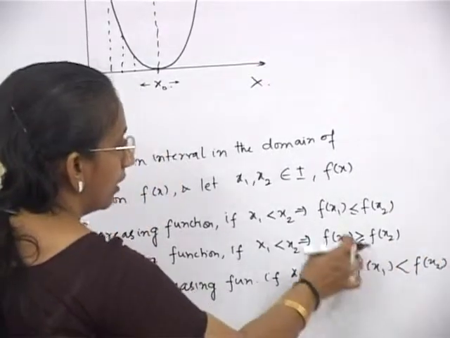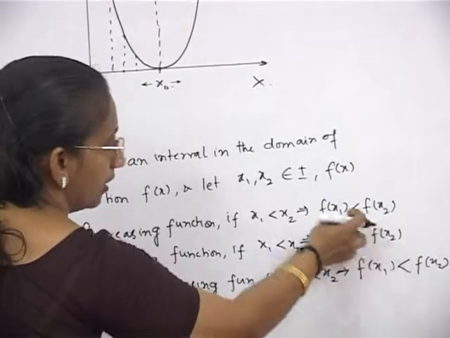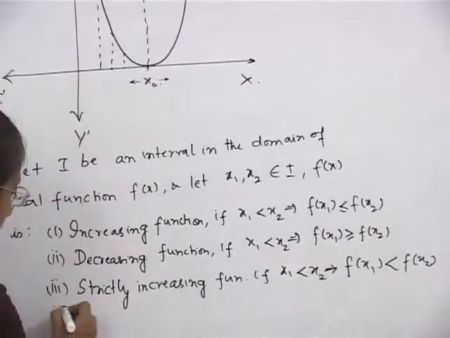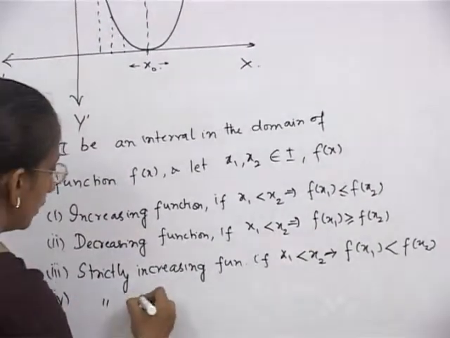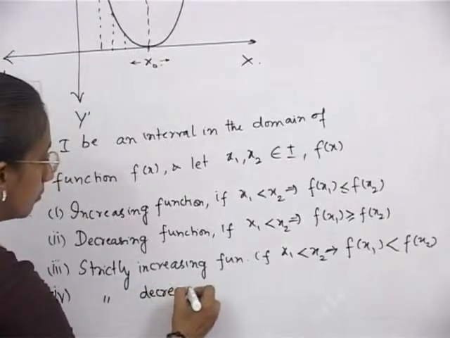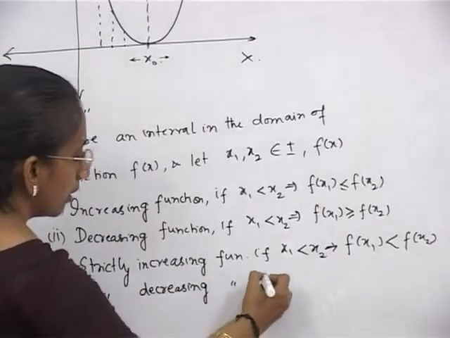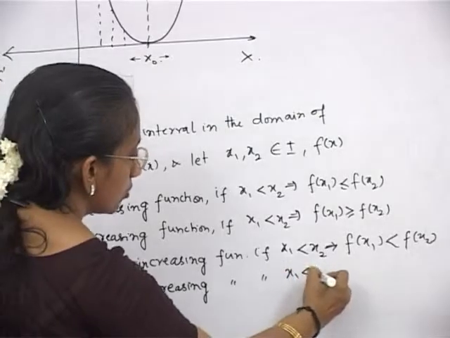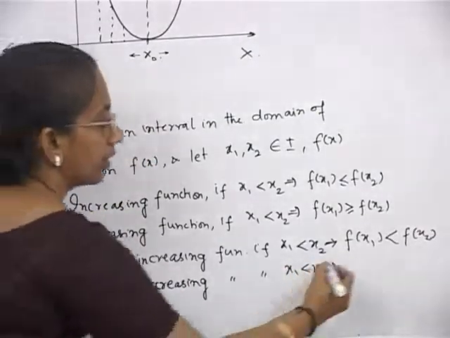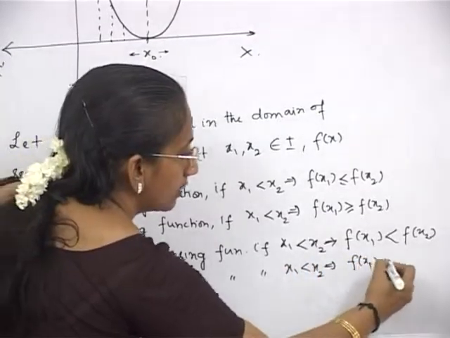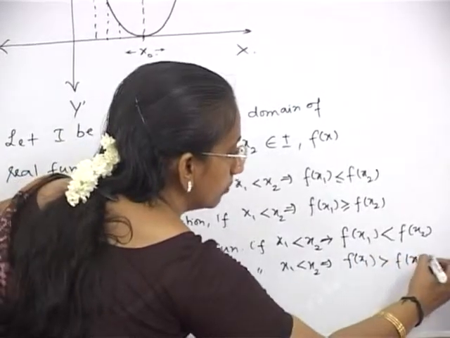Now you can see the inequality, this is a strict inequality whereas this is a slack inequality. It is a strictly decreasing function if x1 less than x2 implies f of x1 is greater than f of x2.